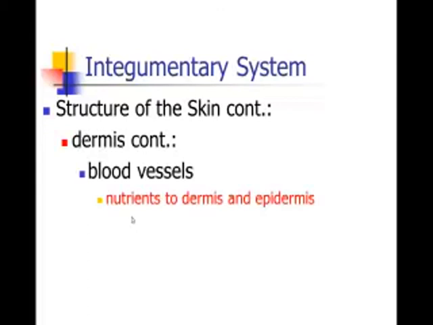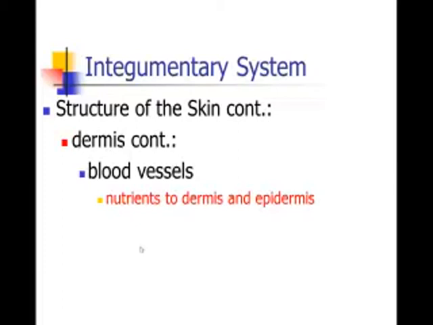And then blood vessels. Blood vessels do make their way into the dermis. They grow into the dermis. By the way, that's one of the things about blood vessels that's not always intuitive. Blood vessels are dynamic, so they can actually grow into areas that are in need of materials, resources, and waste removal. And the blood vessels do grow into the dermis.